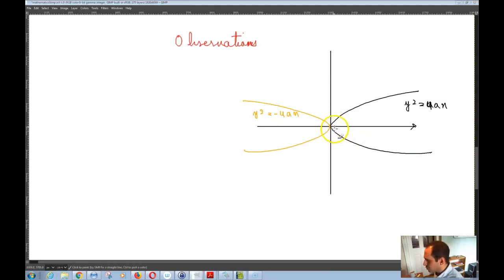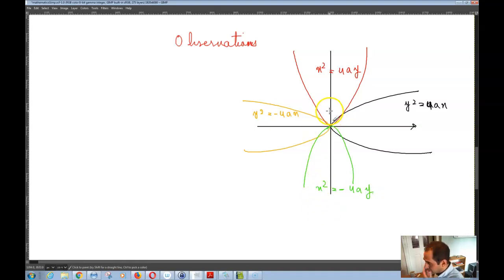This parabola over here, we said that the equation is x squared is equal to 4ay. And basically this parabola over here, we said that the equation was x squared is equal to negative 4ay.